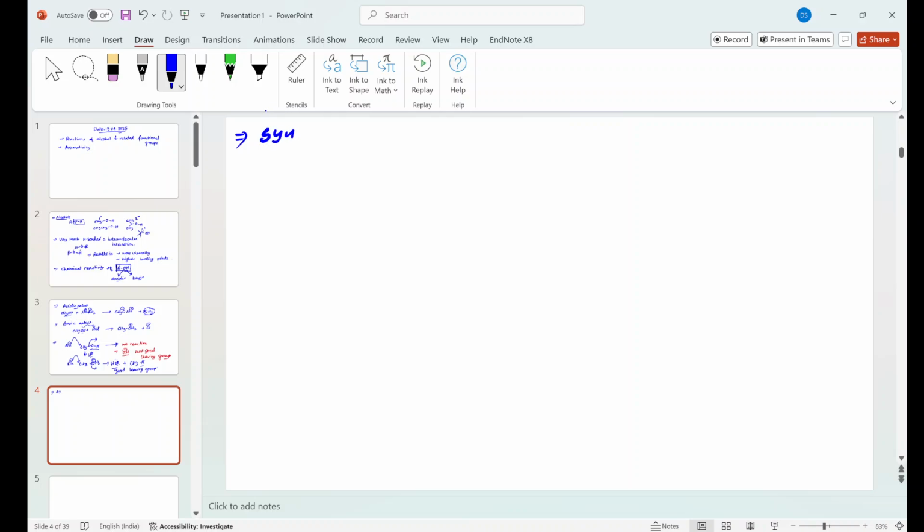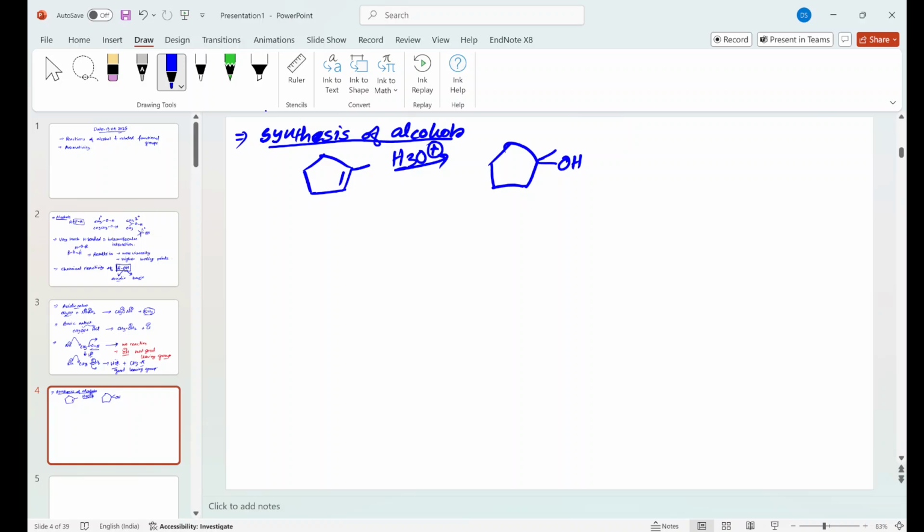So first we'll go through the synthesis, the ways that we can synthesize the alcohol. We have already discussed starting from alkene, you can use the acidic medium so that you will get the hydroxylated product.